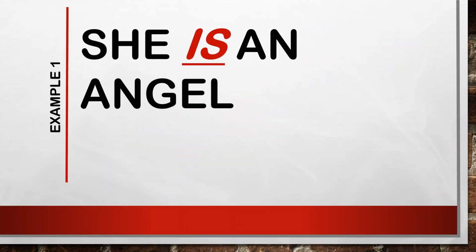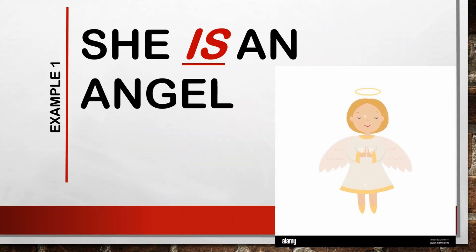So a female and an angel are compared, and usually these things don't have a lot in common, but as you can see by the picture I've provided, there's a halo above the lady, the girl. That means the person is good-hearted. Angels are deities that do good things, right?